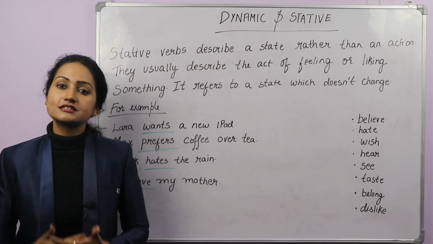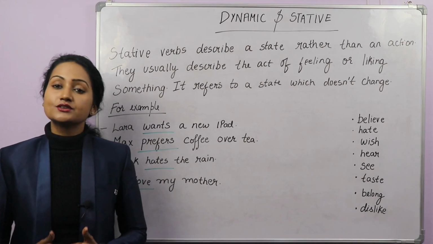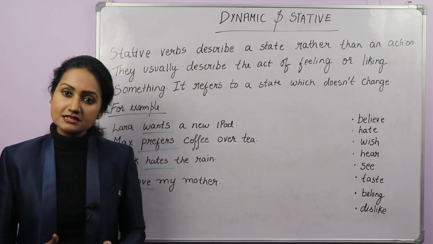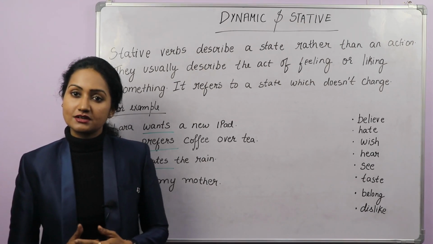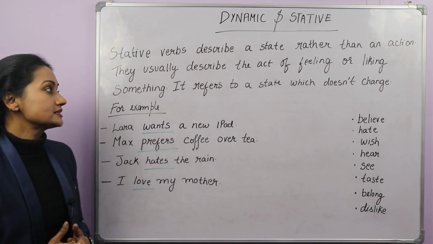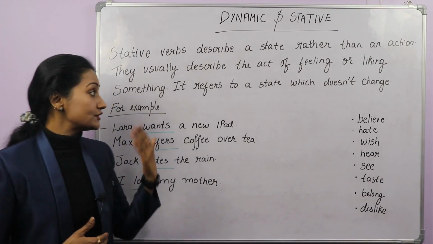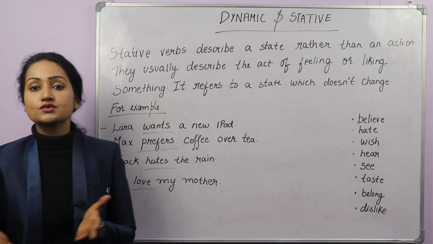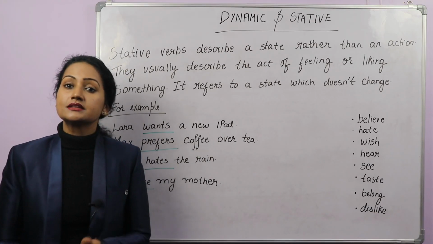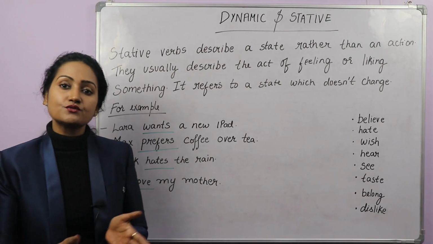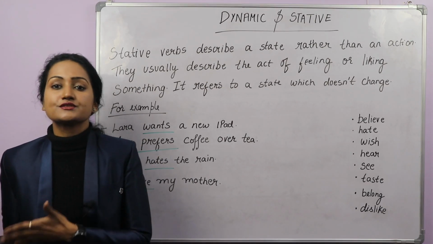Next is stative verbs. Stative verbs are those which describe a state rather than an action. They usually describe the act of feeling or liking something. They refer to a state which does not change. That means that you cannot use stative verbs in present continuous forms.